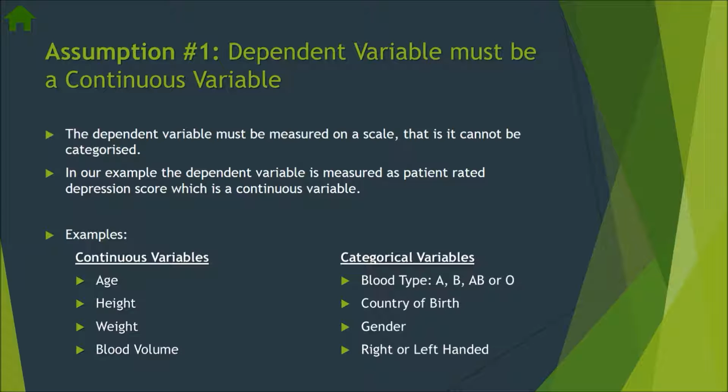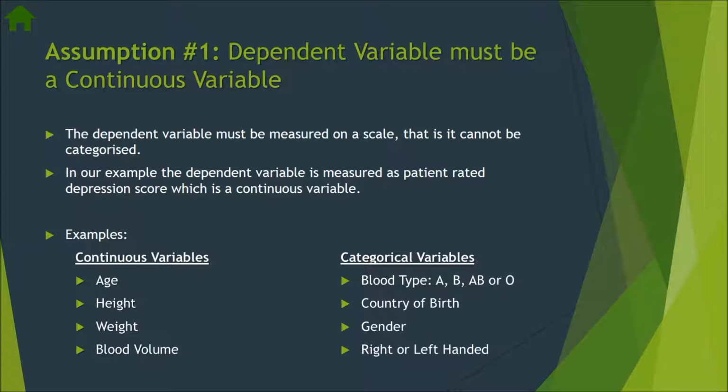What I mean by a continuous variable is that it's measured on a scale rather than being categorized. Examples of continuous variables would be age, height, weight, and blood volume. Categorical variables are variables that are categorized, for example, blood type, country of birth, gender, or whether you're right or left-handed.